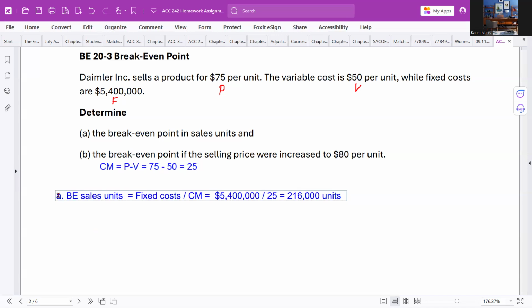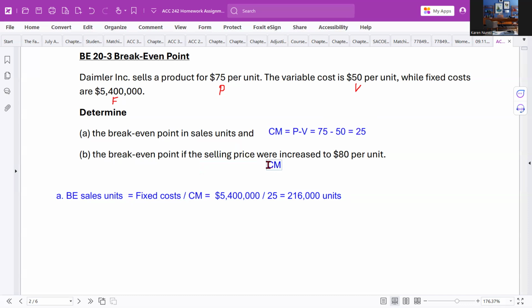And now we have a what-if scenario. Up here, the contribution margin, P minus V, is $25. But if the selling price increases to $80 per unit, now it's going to change a little bit.